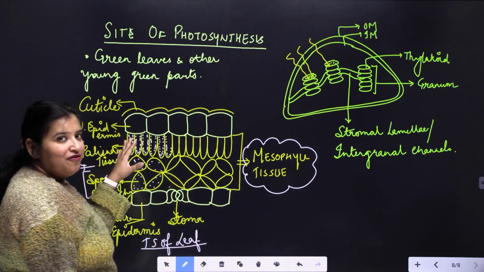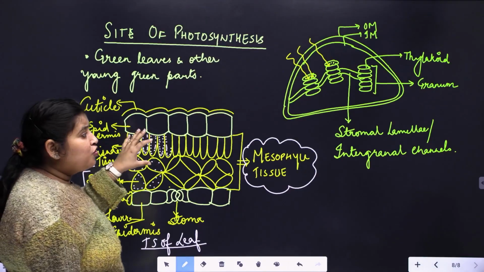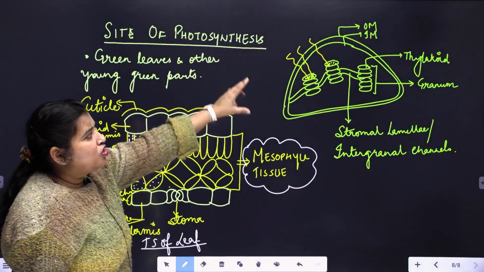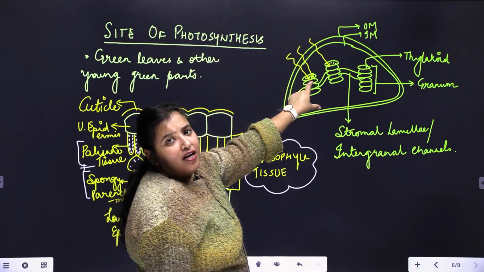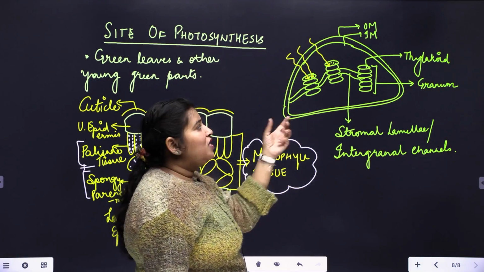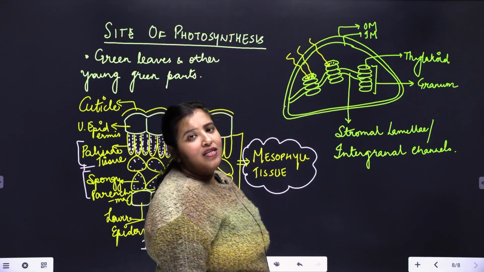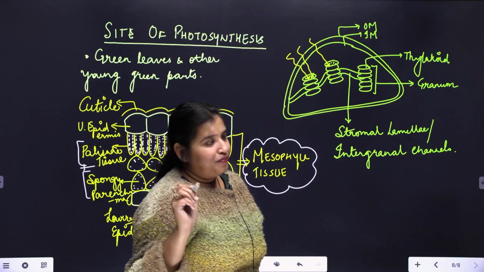So, the leaf's internal structure has mesophyll tissue. Mesophyll tissue has these small structures called chloroplast. Chloroplast again have these grana on the surface of which chlorophyll pigment is present, which is trapping the sunlight for the process of photosynthesis. All right.